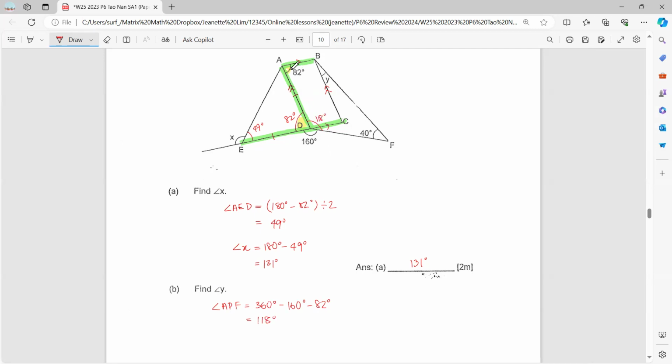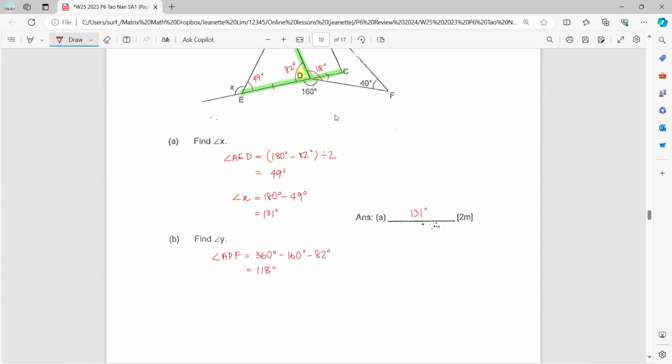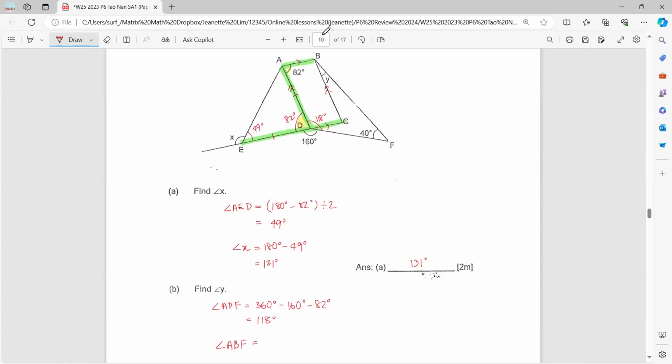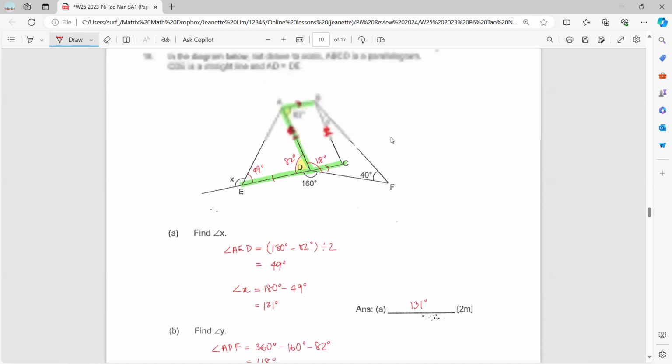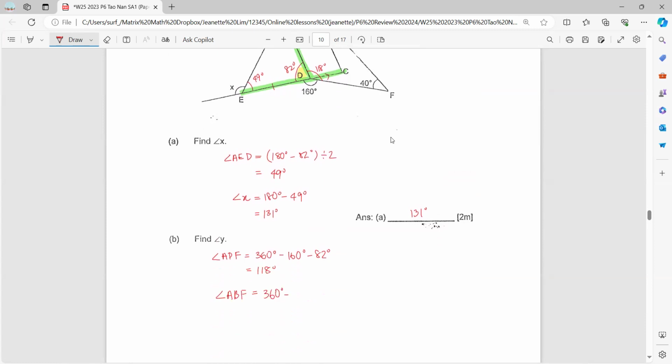Now, let's find angle ABF. Four-sided figure, I'll take 360 minus 82 minus 118 minus 40.